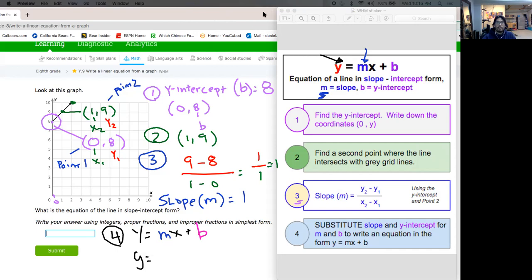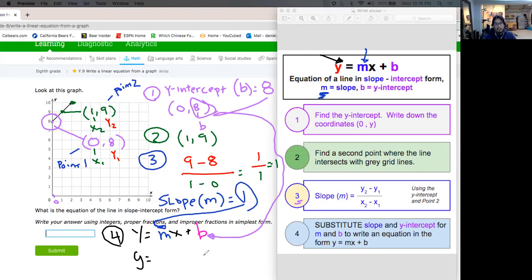So we're going to replace the letter m with the actual number that we calculated, which is 1. So that goes in there for the m. And then we're going to take our 8, which we identified, the number 8, that is our y-intercept. And we're going to replace the letter b with our y-intercept of 8.